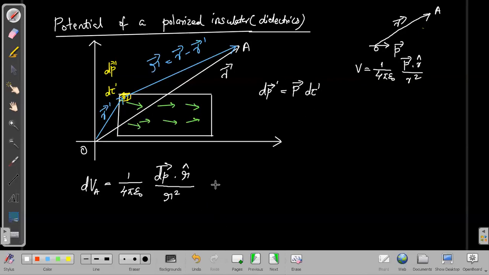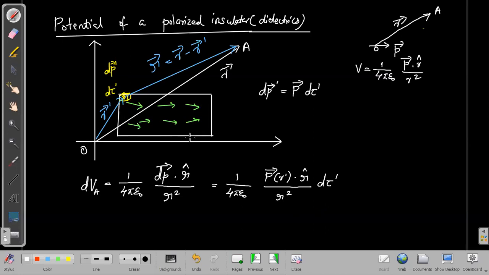Therefore this can be written as 1 by 4 pi epsilon 0 P, which is obviously a function of r prime, dot script r cap divided by script r square, times d tau prime. Okay, now we can have a very large number of such tiny dipole moments.